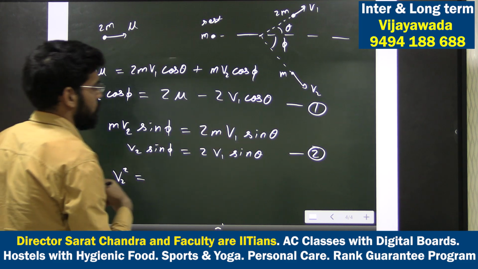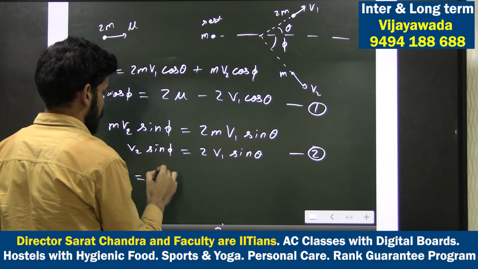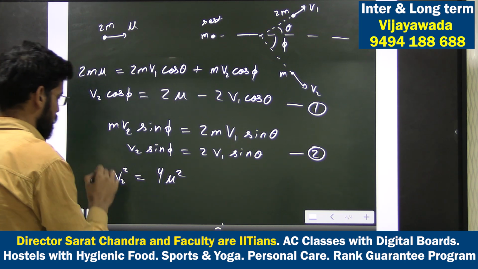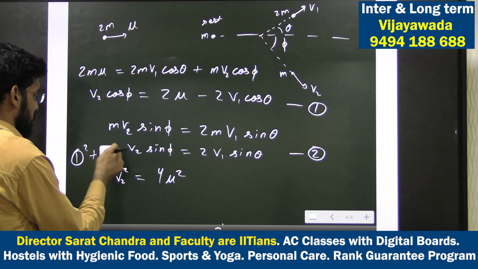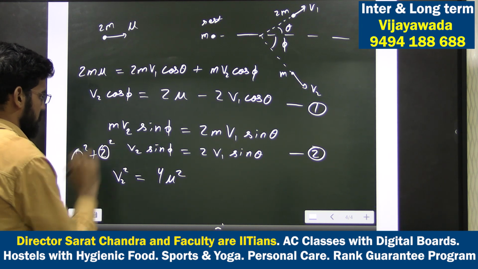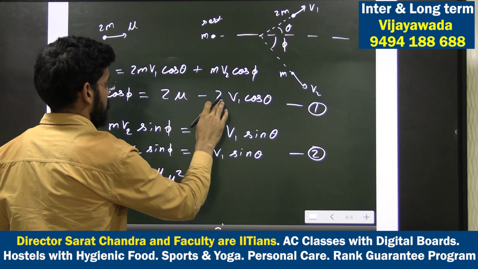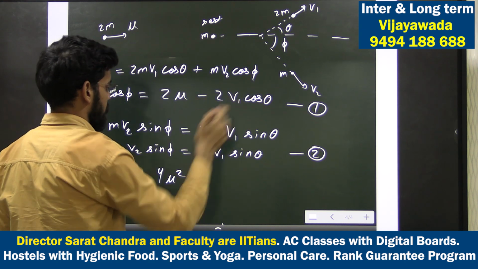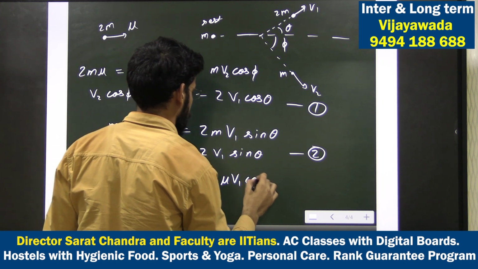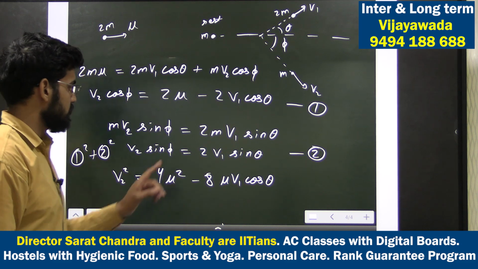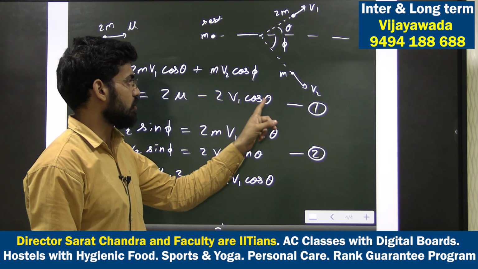On the other side, from 1 squared plus 2 squared, we have 4u squared, then 2 times 2 is 4, 4 times 2 is 8, so minus 8 u v1 cos theta. And then you will have 4 v1 squared cos squared theta.